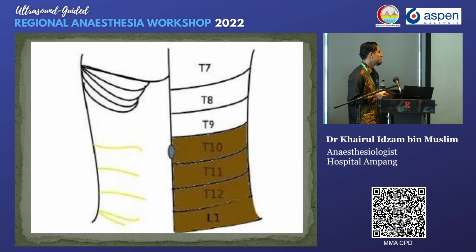Subcostal usually covers from T7 till T9. However, the classical TAP covers from T10 to L1. This is why Dr. Zetek just now mentioned that in hip surgery, acetabulum surgery, in inguinal approach, he performed classical TAP to cover this area.